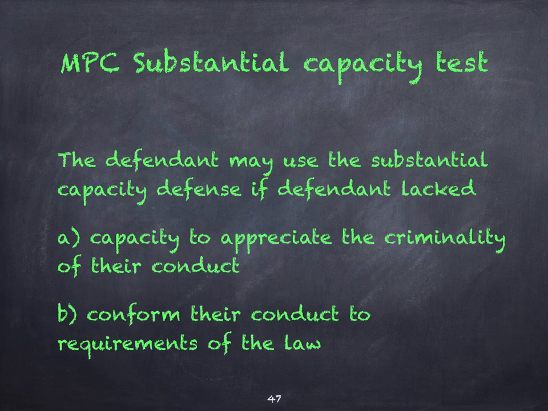But anyhow, this is the main part of the MPC, the substantial capacity test, it's called. The defendant may use the substantial capacity defense if the defendant lacked capacity to appreciate the criminality of their conduct and conform their conduct to the requirements of the law.